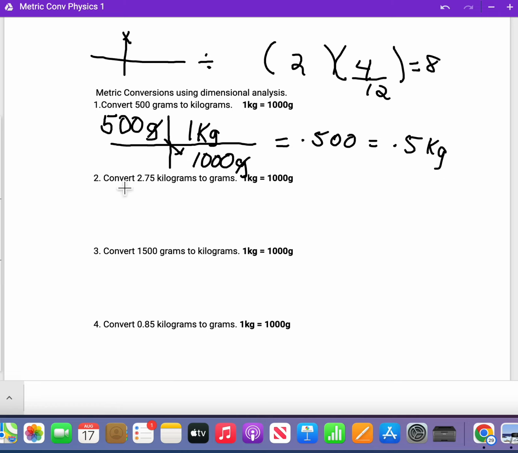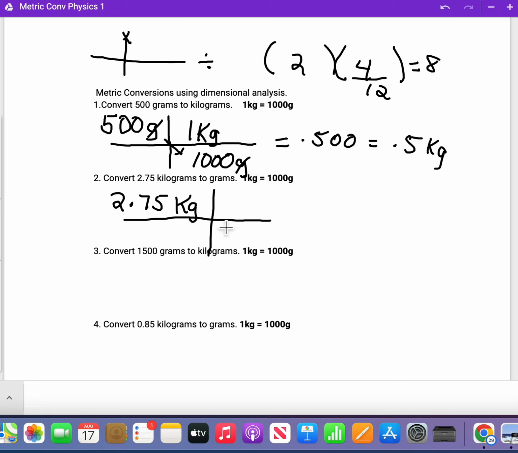All right, let's do another one here. Step 1, write down what the problem gives you with the unit abbreviation: 2.75 kilograms. You draw the picket fence. Now we're going to use the conversion over here: 1 kilogram equals 1,000 grams. But we've got to put the conversion in the correct way.